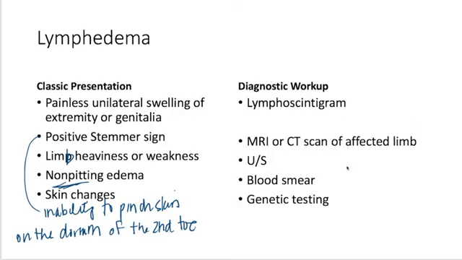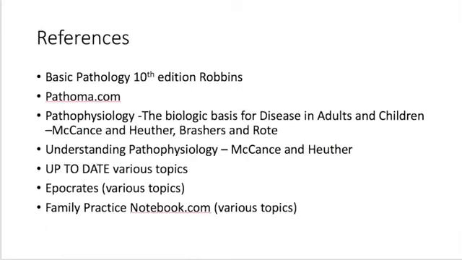You also can get MRIs or CTs of the affected limb, and ultrasounds. You can do a blood smear, looking for those nematodes, and then genetic testing. Genetic testing should be ordered in anybody with primary lymphedema. All right, that's it, looking at a few alterations within the WBC and immune system.